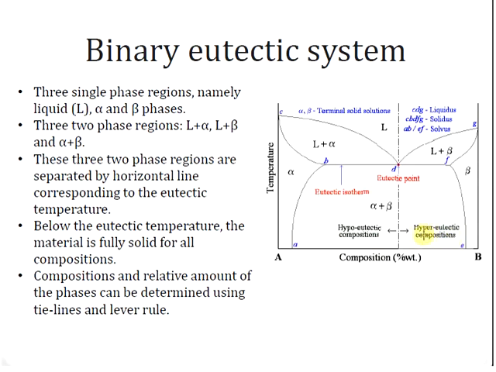So having more B means it is a hypereutectic composition. If it has less B compared with the eutectic composition, it is hypoeutectic.